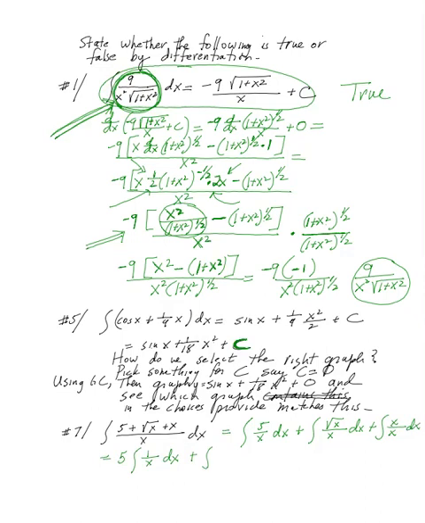I can rewrite this square root of x as x to the 1/2. That's divided by x, or x to the first. x over x is 1. I have not done any calculus here whatsoever. I have just done algebra.